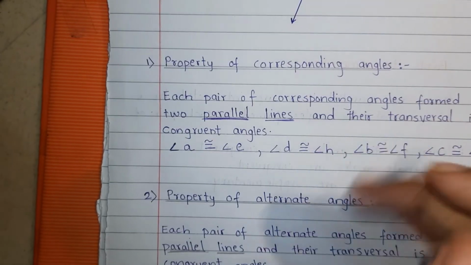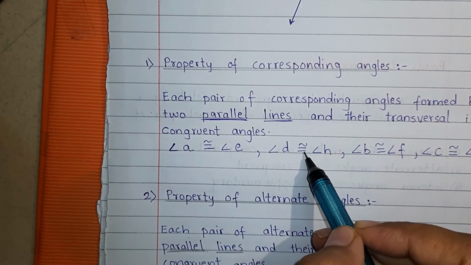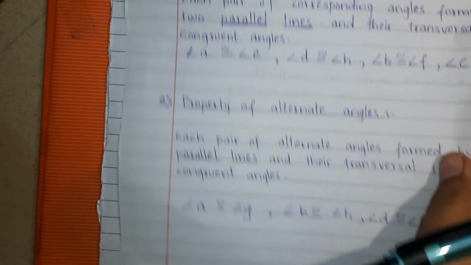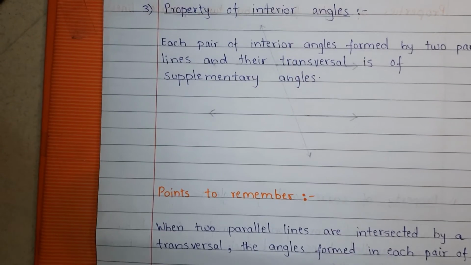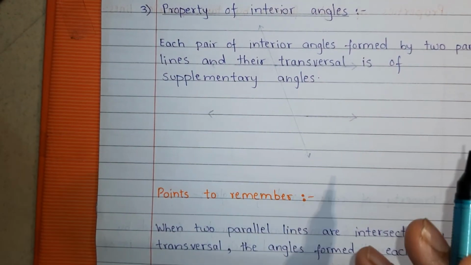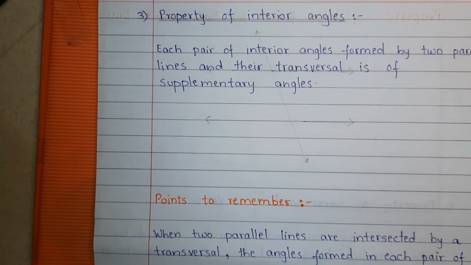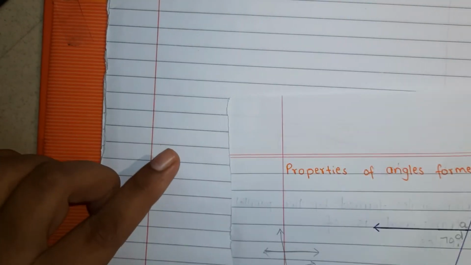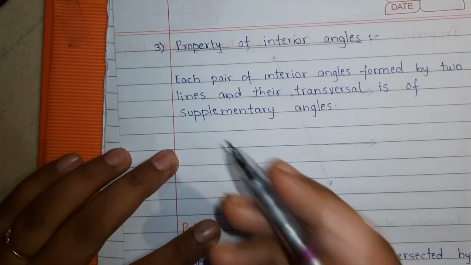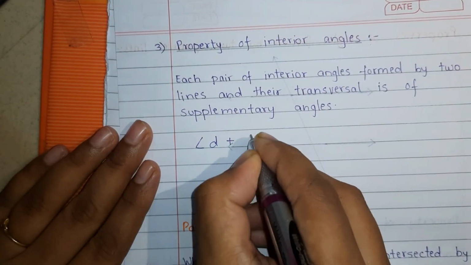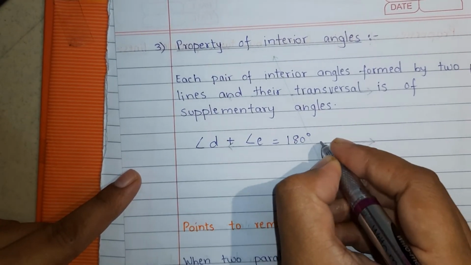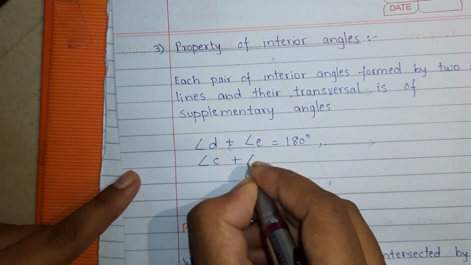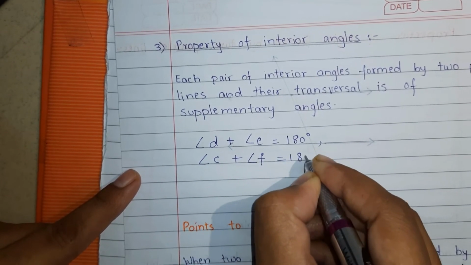Okay, so first property is corresponding angles are congruent. Then next, alternate angles are also congruent. And the last one is interior angles are supplementary. Means what we should write here now? Angle D plus angle E equal to 180 degrees, and angle C plus angle F equal to 180 degrees.